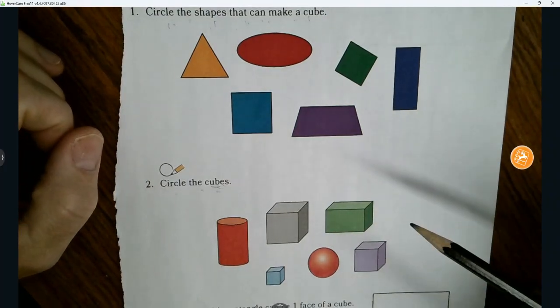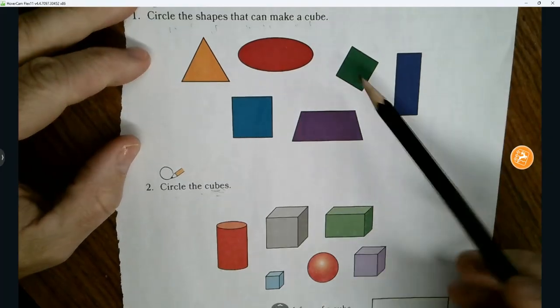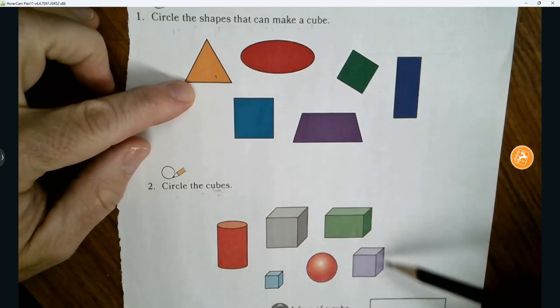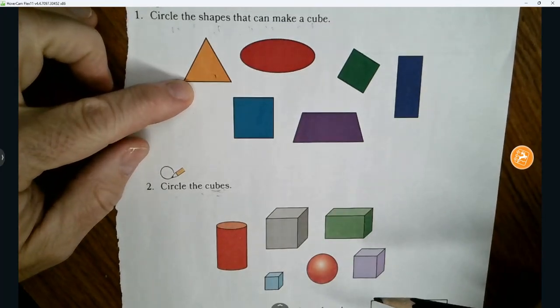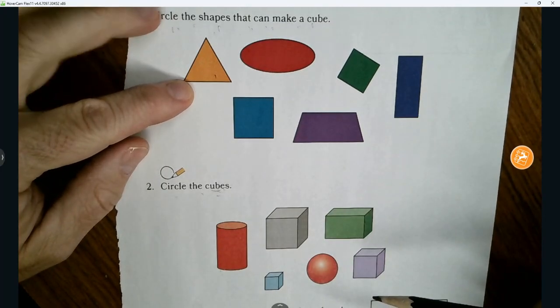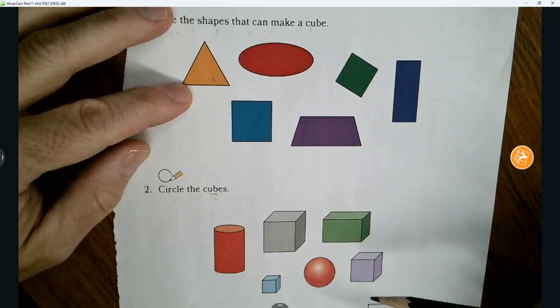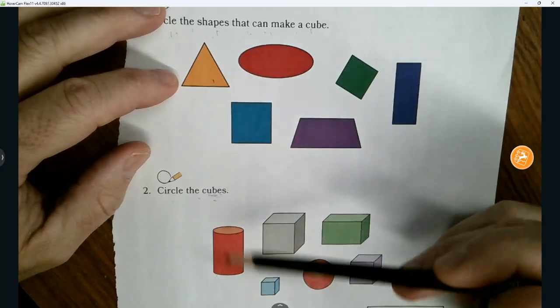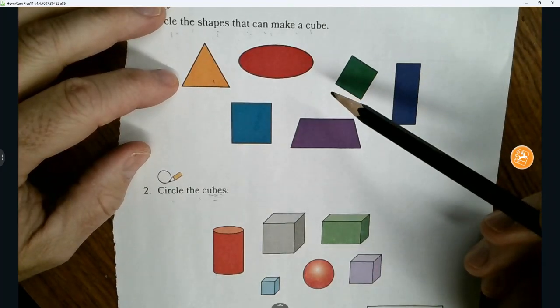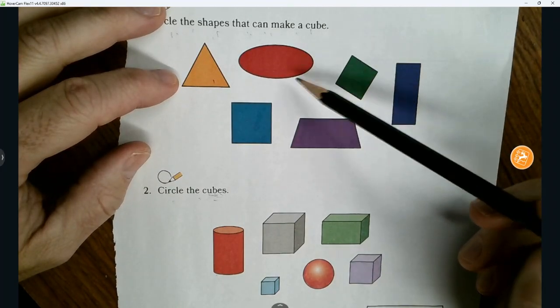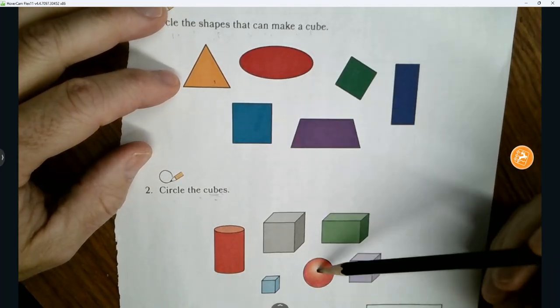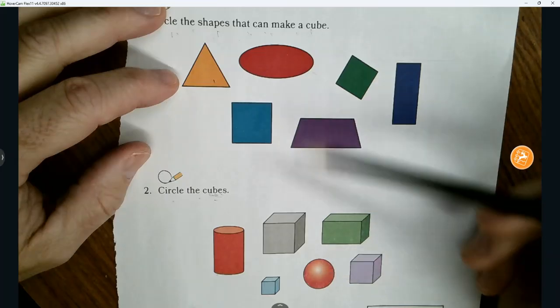First, I think it's a triangle. Do we see any triangles down here? No. So I'm going to say it's probably not a triangle. The next one, we got this oval. Do we see any ovals down here? I don't see any ovals down here. Even though this color and this color are the same, that doesn't look like that.